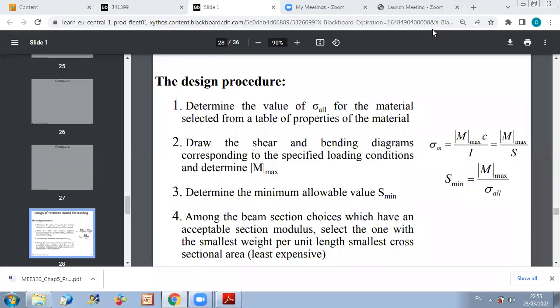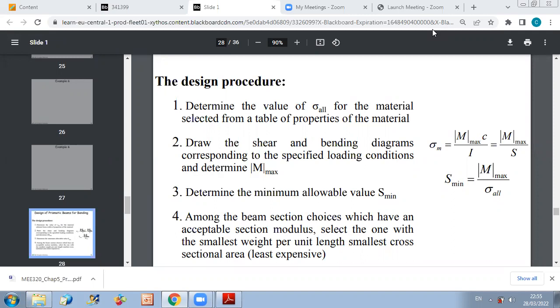One of the main objectives of this chapter is to know how to design a beam in order to not exceed the allowable value of compression and tension for stress. So for example, these are some guidelines that can help you into the design procedure.